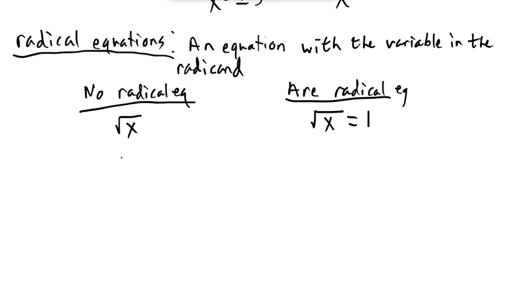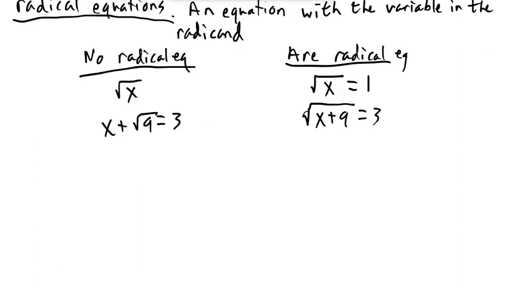Another example of what would not be: x plus the square root of 9 is equal to 3. Why is this not a radical equation? Well, our variable isn't in the square root. So, not a radical equation. What would be? The square root of x plus 9 is equal to 3. Now our variable is in the square root. So we need to have that variable in the square root for this to be a radical equation.